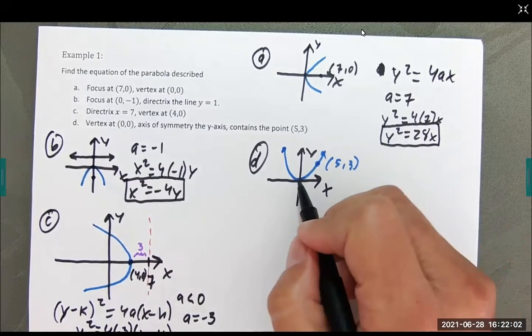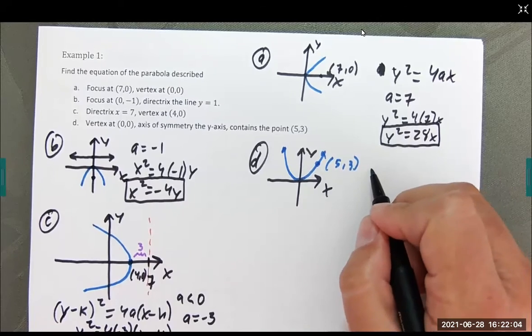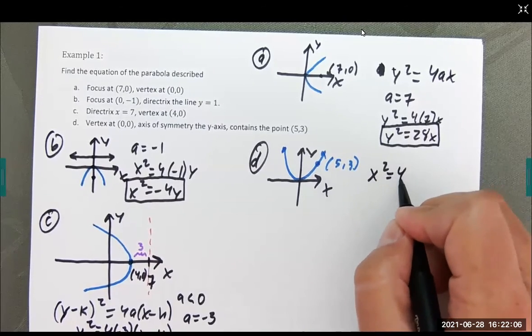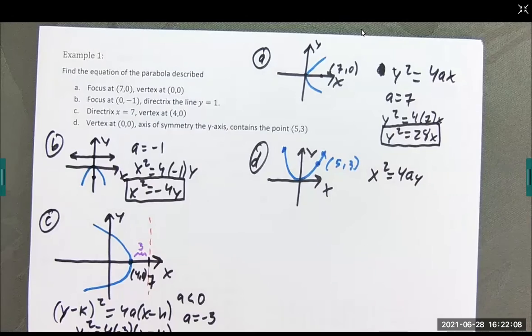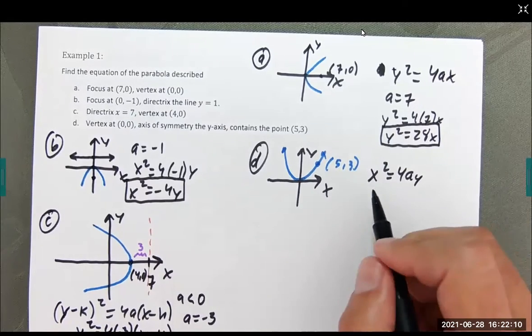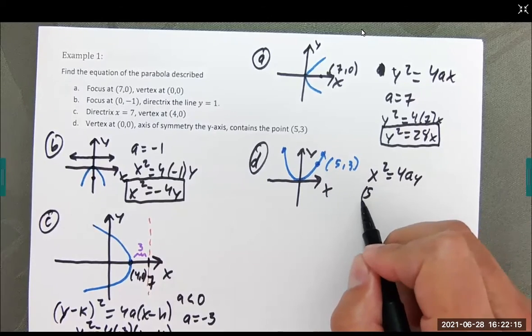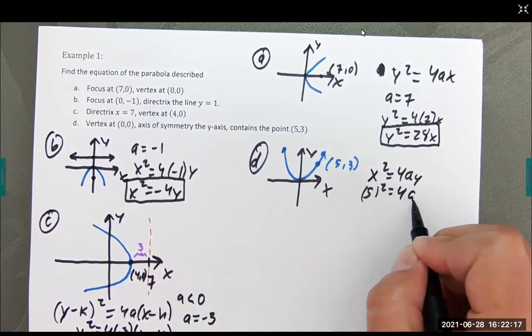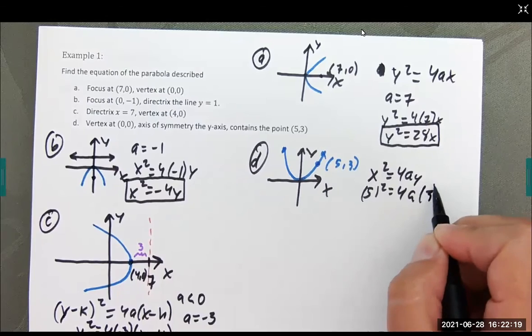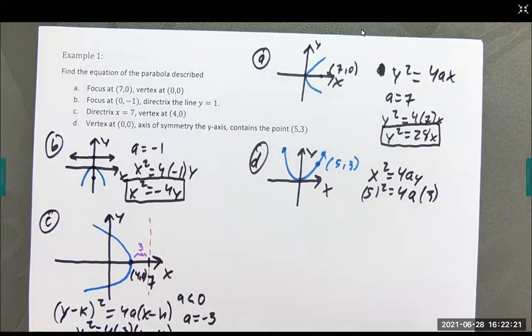So because 0, 0, we're looking at x squared equals 4ay. And I'm going to go ahead and plug in my x and y that I know is on here. So 5 squared equals 4a, and y is 3. So it looks like we are right here.